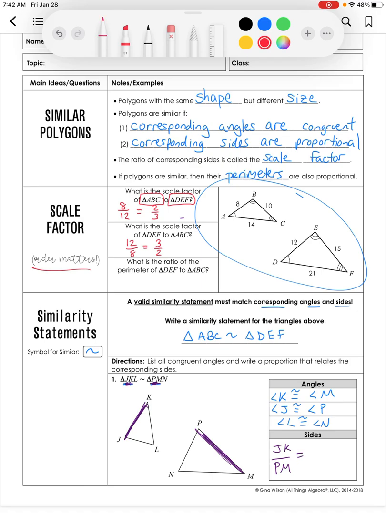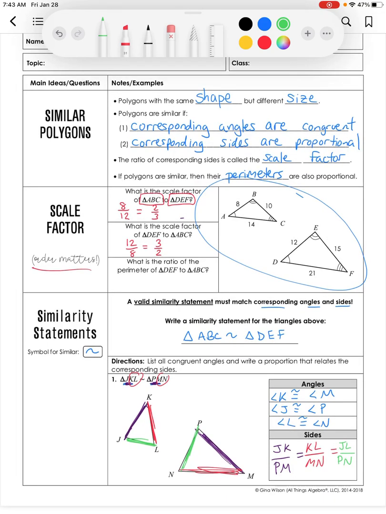And that scale factor is going to be equal to another fraction of the sides, let's say KL over what matches up with KL, MN. And then lastly, I need JL, and that matches up with PN. Just to review, angles are congruent, sides are in scale factor proportion.